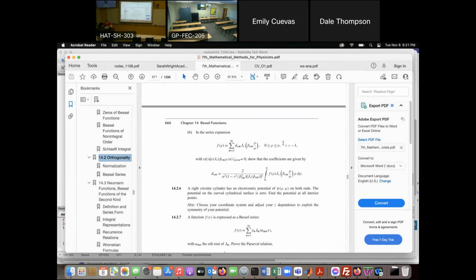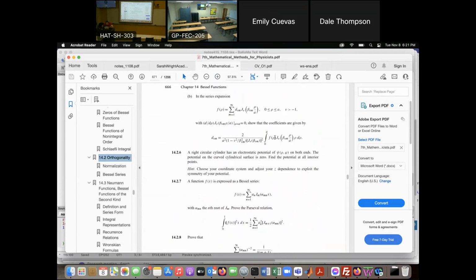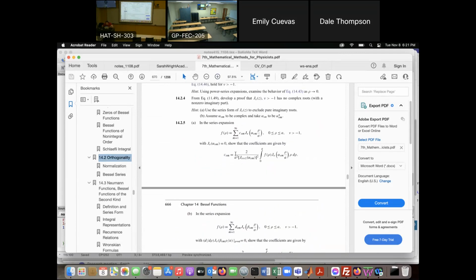So the integral you're trying to evaluate to get these coefficients is this right here. So x to the n plus 1 times the Bessel function of j0m times x.